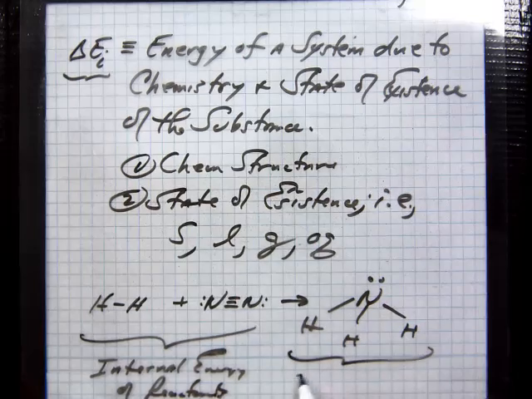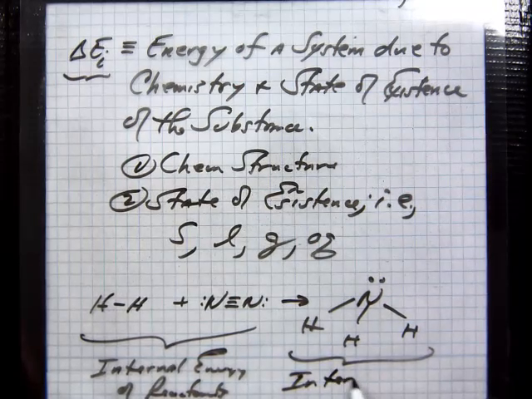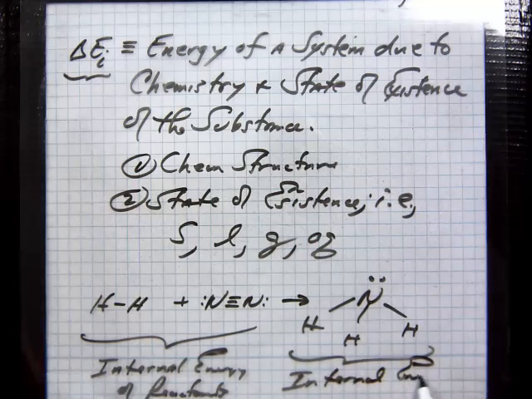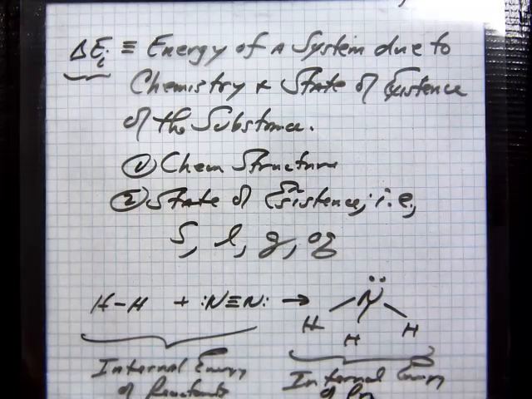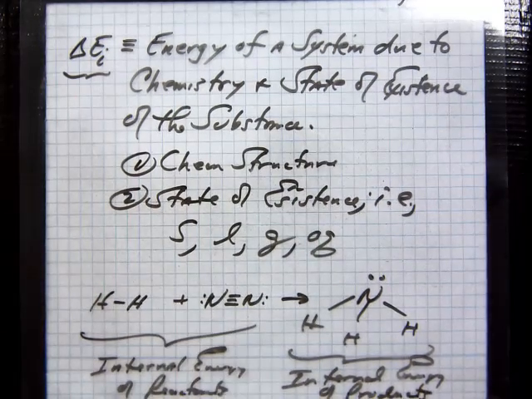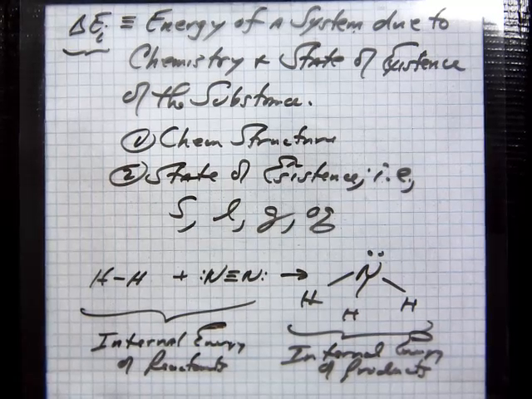And we have an internal energy of products. Like that. That's it. So the change of energy would be, if we know what the internal energy of the products are, and in the reactants, we take the difference, and we got a change in internal energy. Yeah? That's it, long and short.